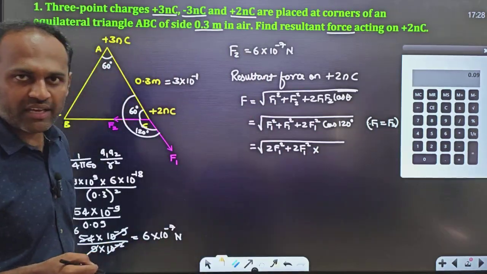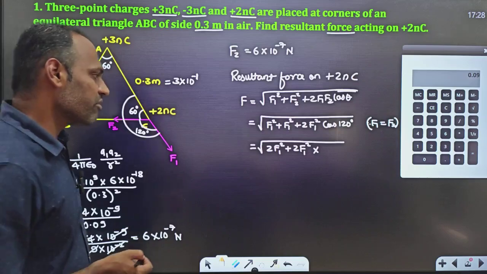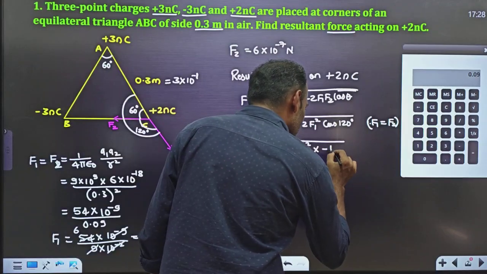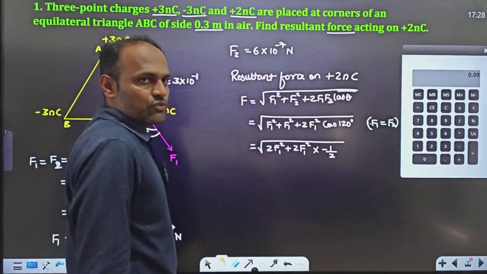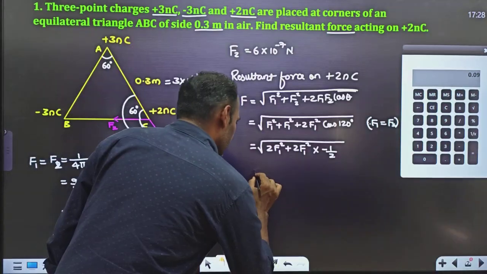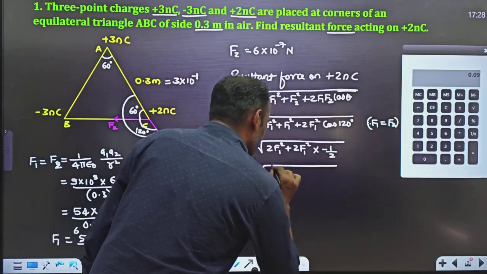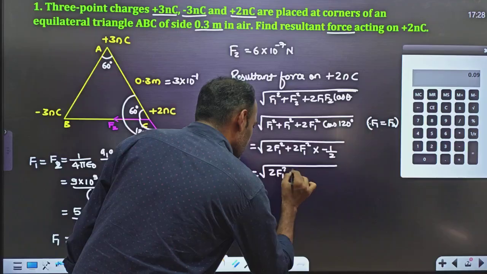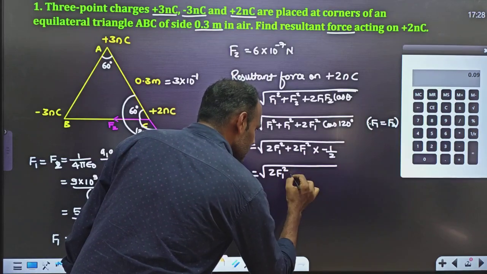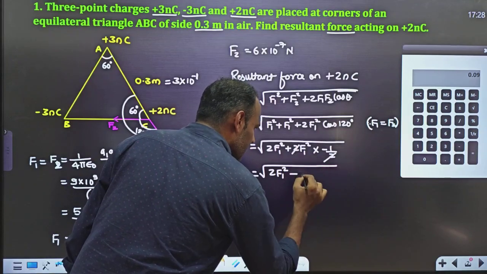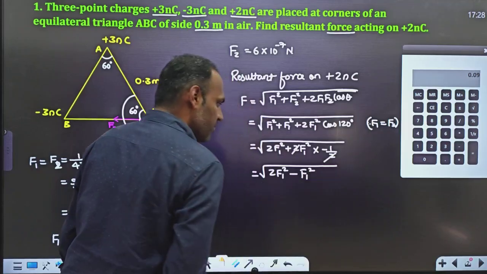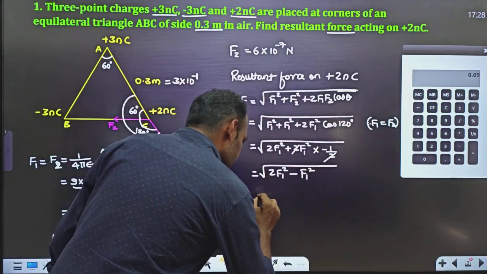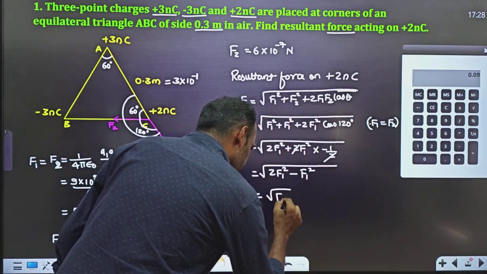How much is cos 120 degree? Cos 120 degree is minus 1 by 2. Minus 1 divided by 2. Correct? So then what will I get? I will get root of 2 F1 square plus 2 F1 square into minus 1 by 2, where 2 and 2 get cancelled. So I will get F1 square. So 2 F1 square minus F1 square will be equal to root of F1 square.